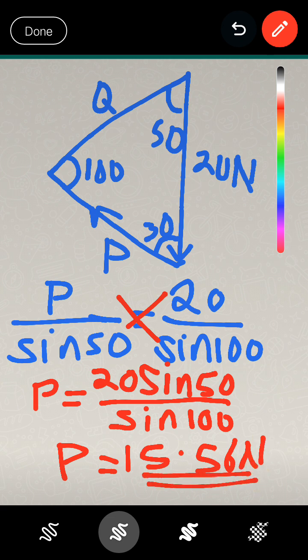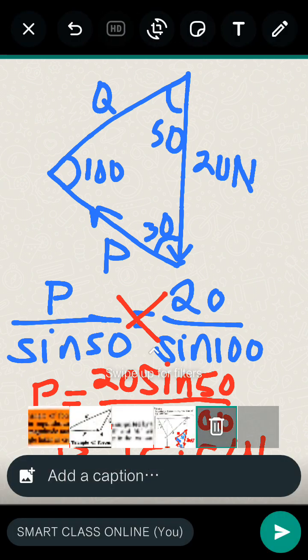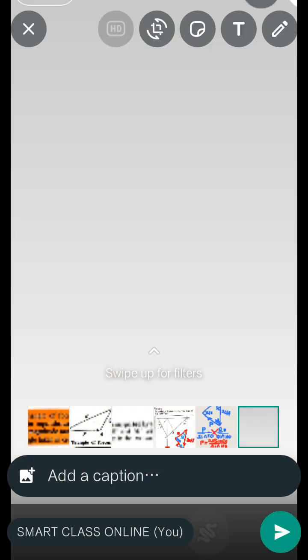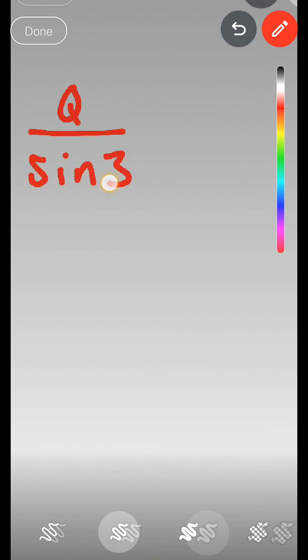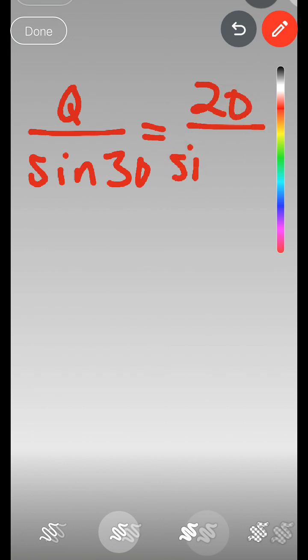So that's for P. Then we will do the same thing to calculate Q. Q over sine 30 is equal to 20 over sine 100, since the angle facing Q is 30 degrees.